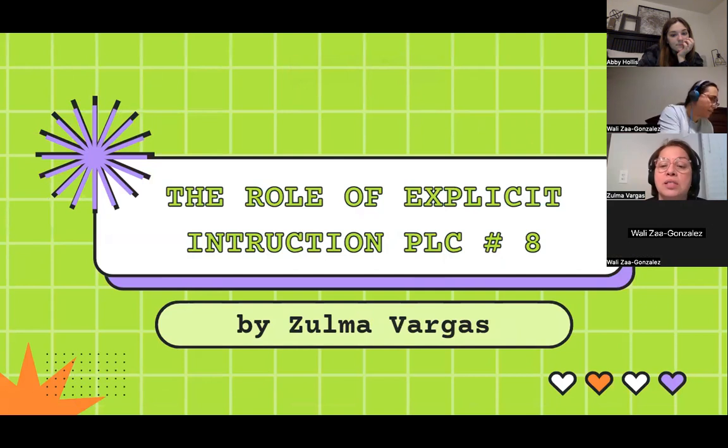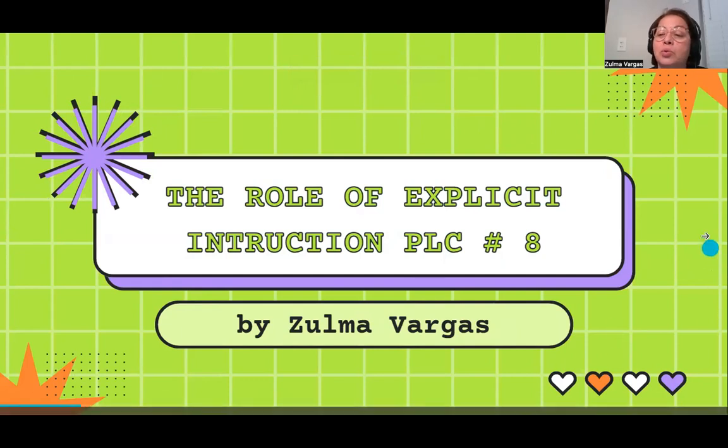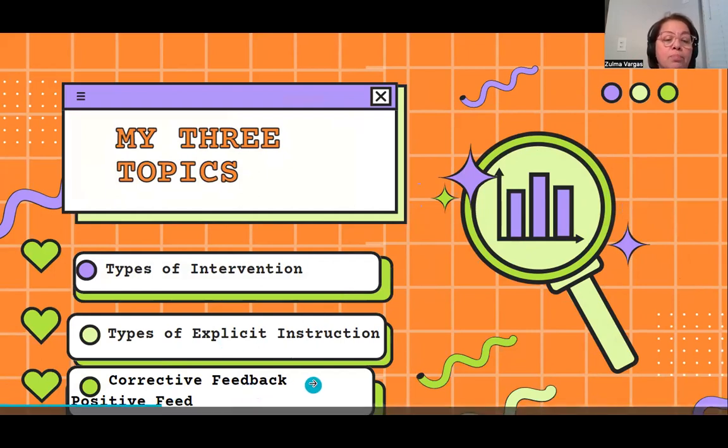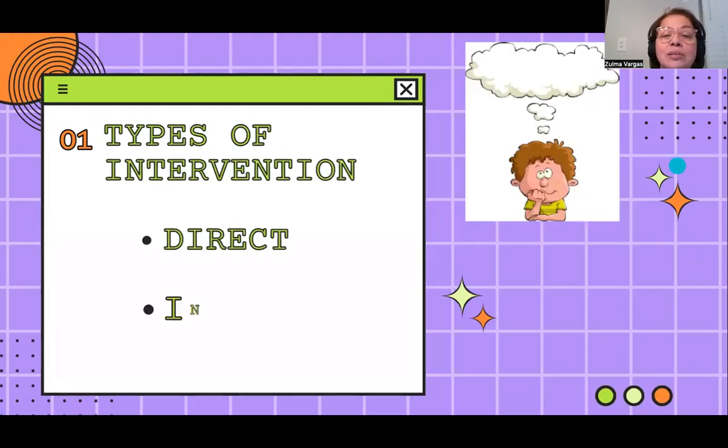Okay, this is my PLC. The role of explicit instruction, PLC number 8, by me, Zulma Vargas. First, I have type of intervention, type of explicit instruction, and corrective feedback and positive feedback.